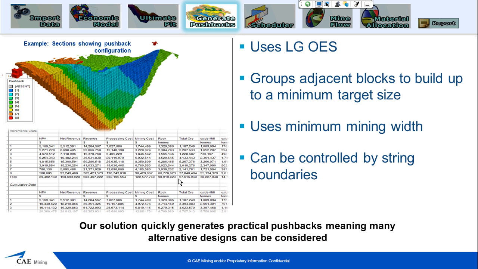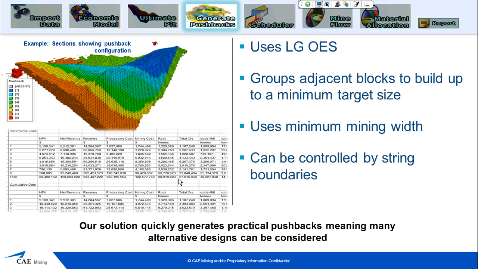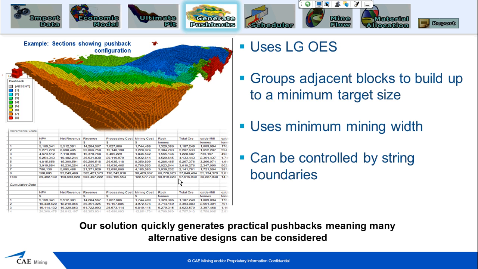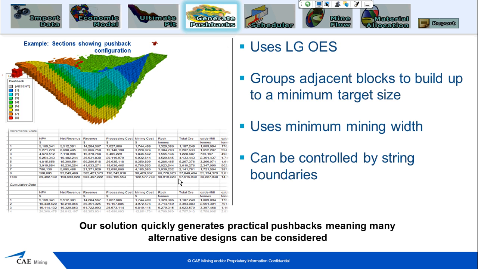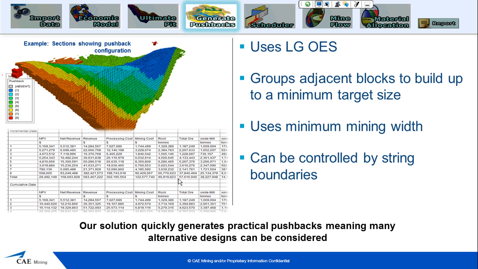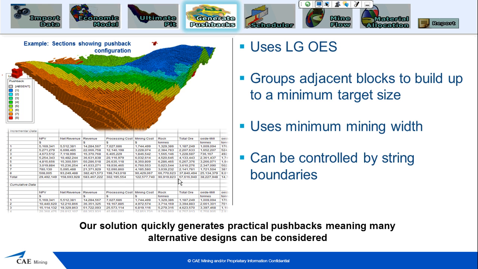It will not break up the pushback into different areas, and it uses a minimum mining width. We also have the option to control either each pushback individually or only some of the pushbacks by string boundaries, and those can be done dynamically in the program.